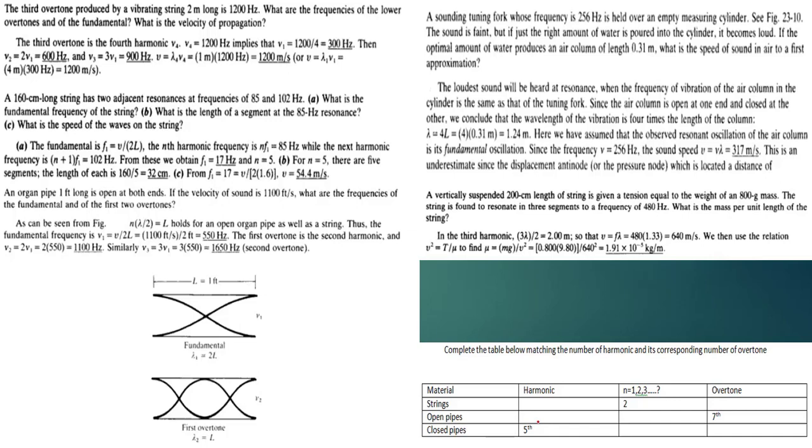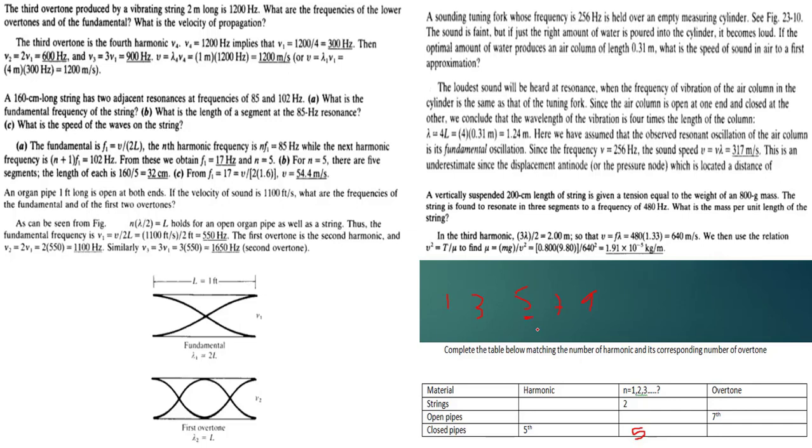So when we say 5th harmonic, it means n is equal to 5, because we don't have 2, 4, 6, 8, etc.